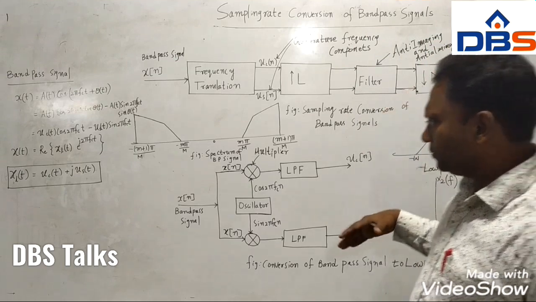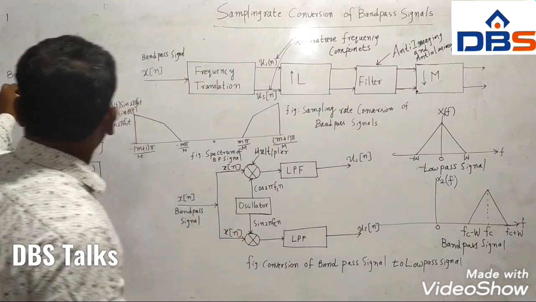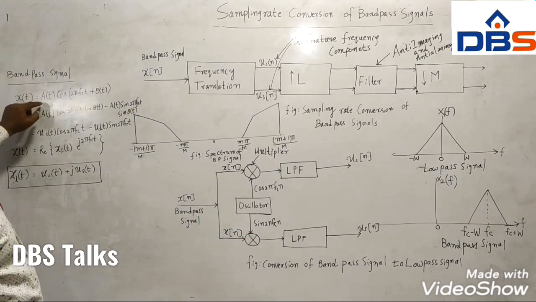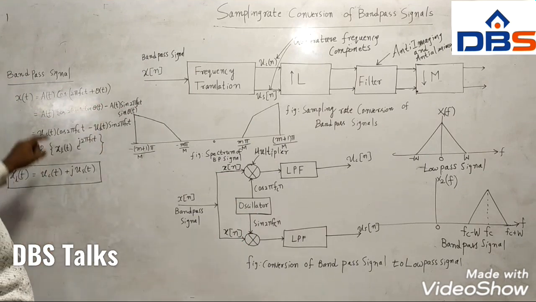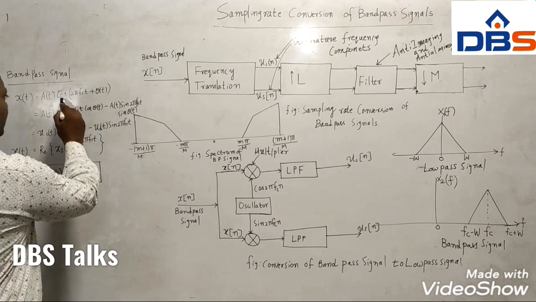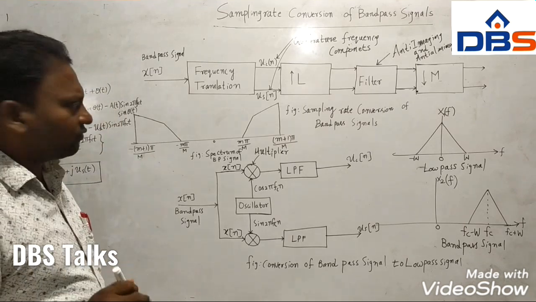Now mathematically, if you want to analyze this, a bandpass signal x of t is A(t) cos(2 pi fc t plus theta(t)), where A(t) is the amplitude of the signal and theta(t) is the phase angle of the signal.